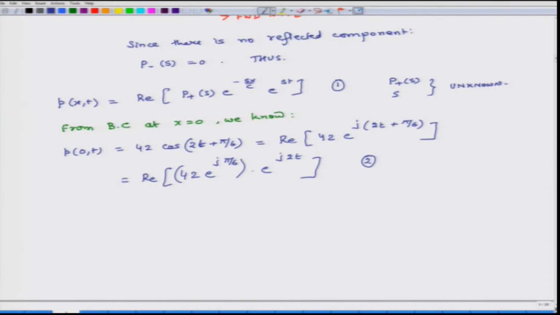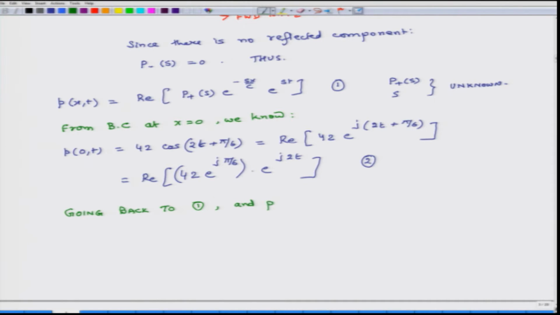Okay. Now, going back to equation 1, we find out the value of pressure at x is equal to 0.